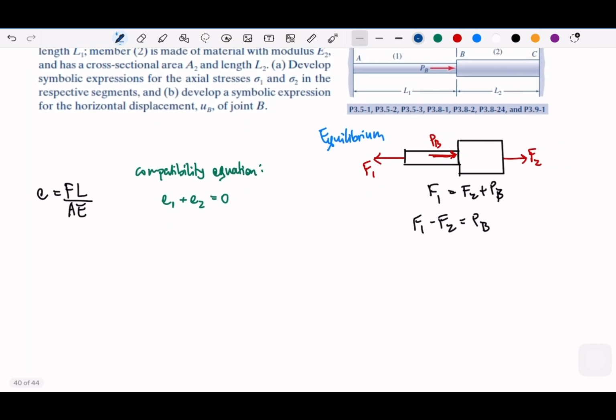We can directly write the elongation formula within this compatibility equation. So elongation 1 is F1 L1 over A1 E1 plus F2 L2 over A2 E2.